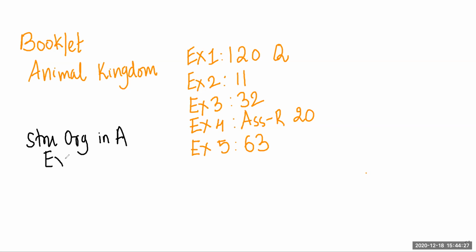So, just telling you exercise one. You have 200 questions. If you have 200 questions in structural organization in animals, type 200. Exercise 1, 200 questions.